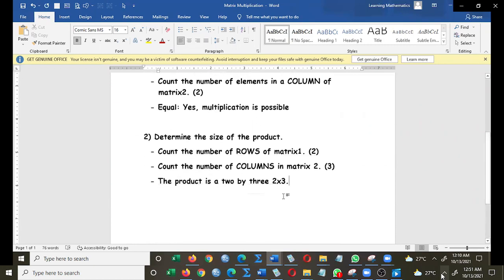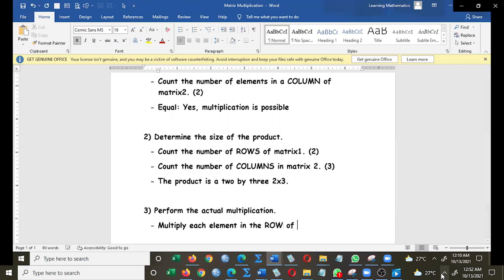How to perform the multiplication? So the first step is to perform the actual multiplication. How to do that? Multiply each element in the row, sorry, you have to be very careful here.